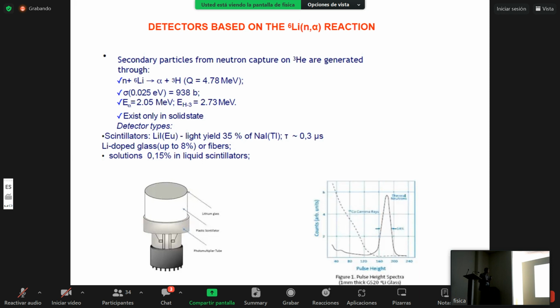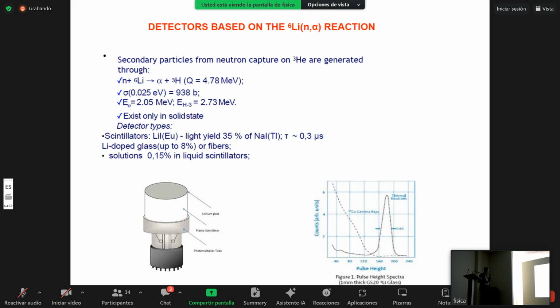Lithium is also used, but it's impossible to use this material inside proportional counters because it exists only in solid state, and there are some ways to exploit it. For example, to add lithium to a scintillator, and of course lithium enriched to lithium-6.